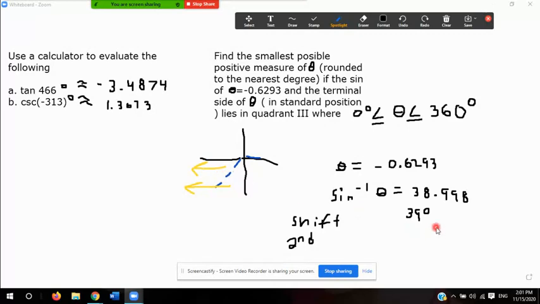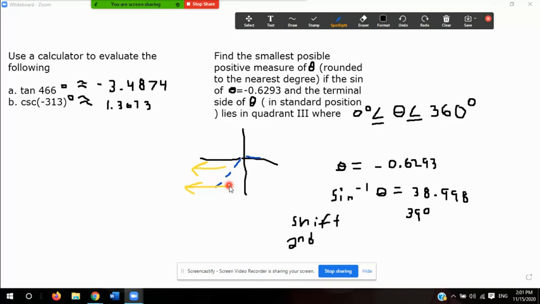Well, you're going to take the inverse sine of theta, the angle of theta that we got here, or z, and we're going to add it to the reference angle that we use in quadrant 3. Now, the reference angle that we use in quadrant 3 is 180.